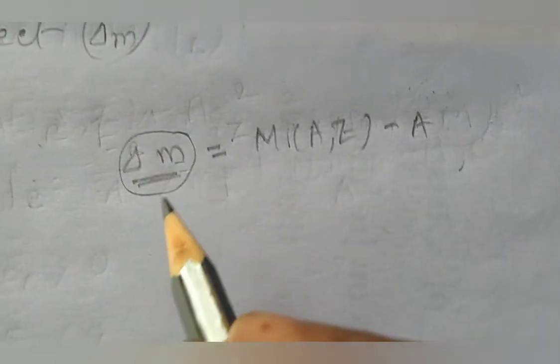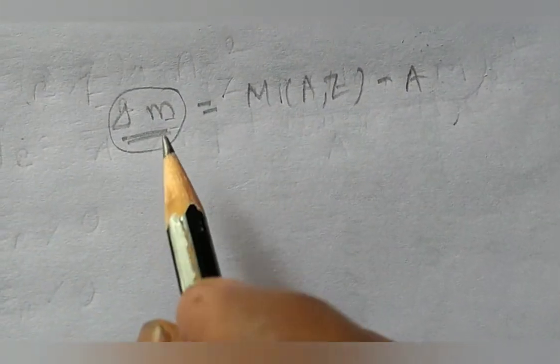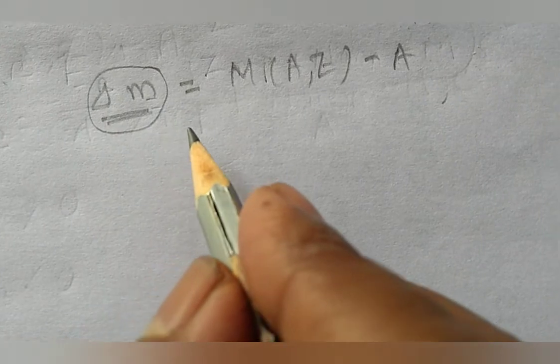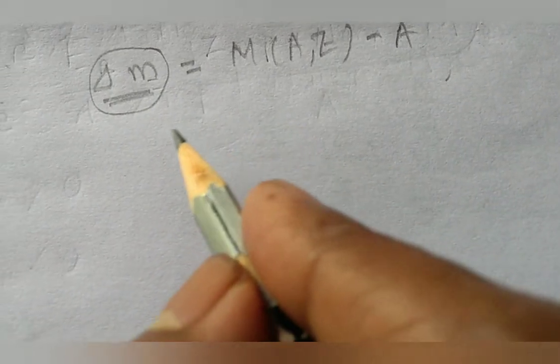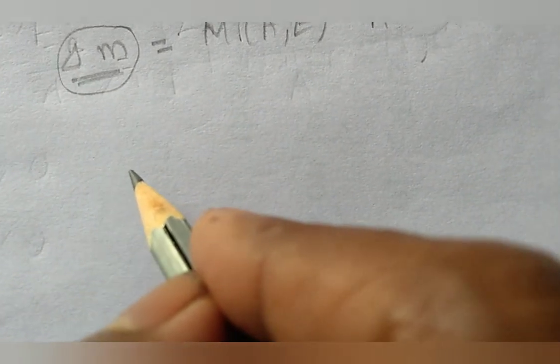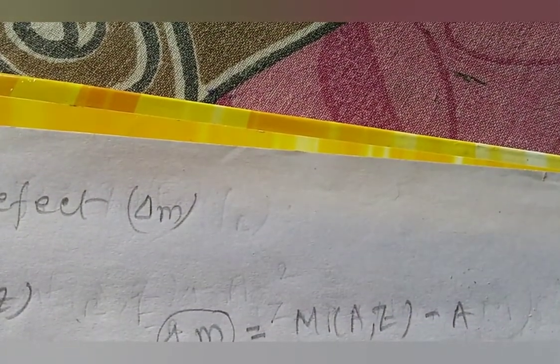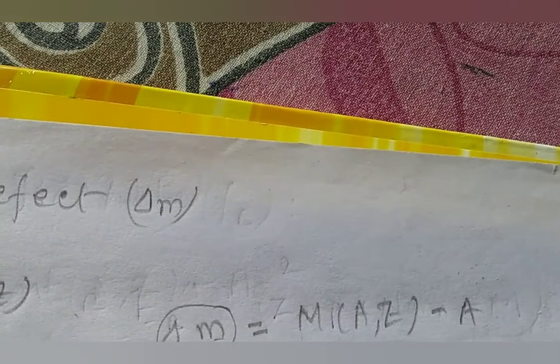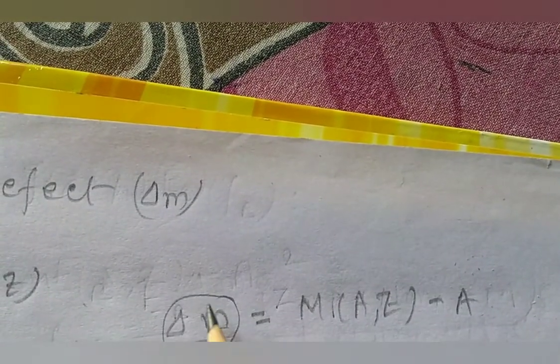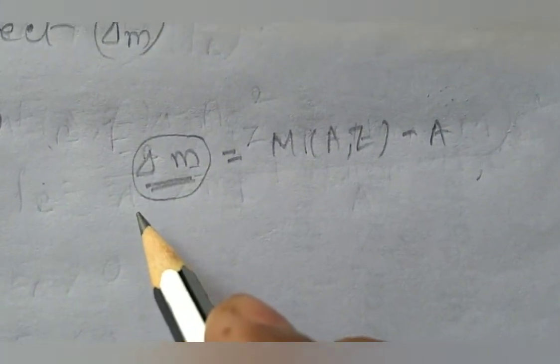The delta M is positive for very heavy nuclei and for very light nuclei, and in between very heavy and light, the mass defect will be negative.